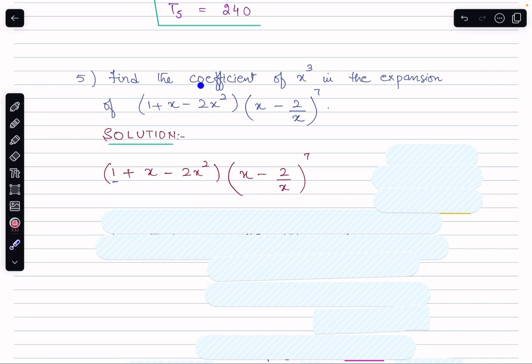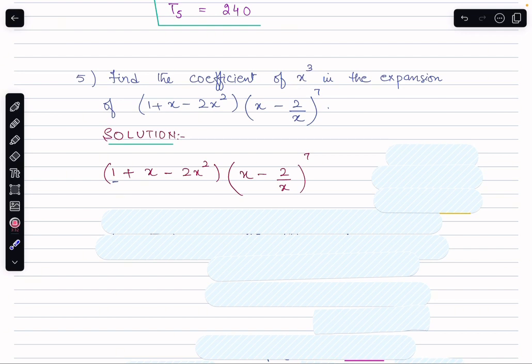Now they are specifically asking for the coefficient of x cube, which means here all the three terms should get multiplied by the expansion of x minus 2 by x to the power 7, giving the result for x to the power 3 here.